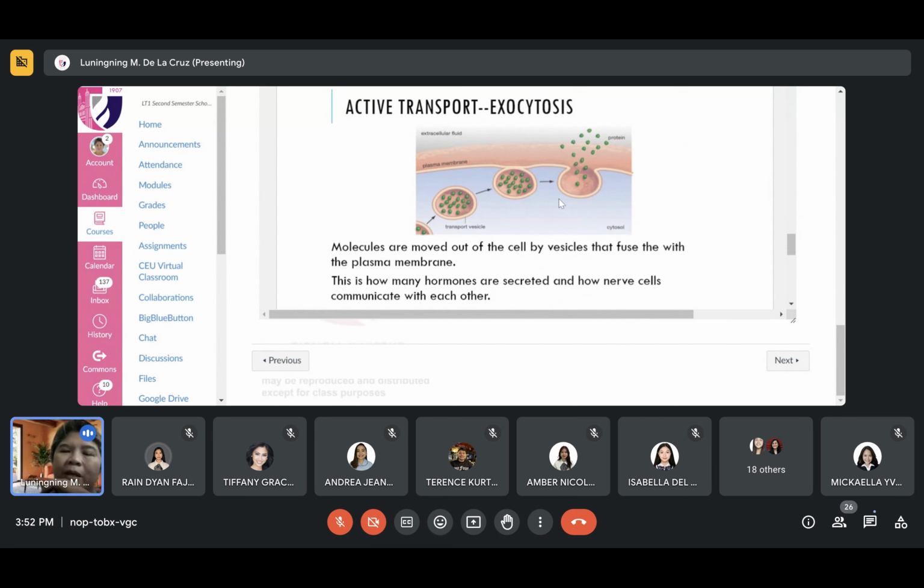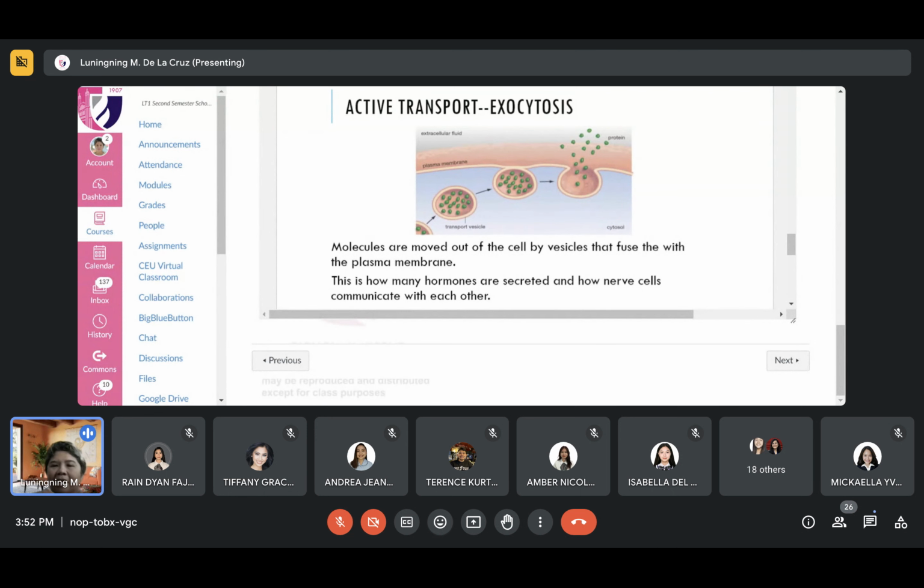Okay, class. So, in our nerves, we have between two nerve cells, for example, this is nerve A and this is nerve B. There is a gap in between these two nerve cells known as the synapse.